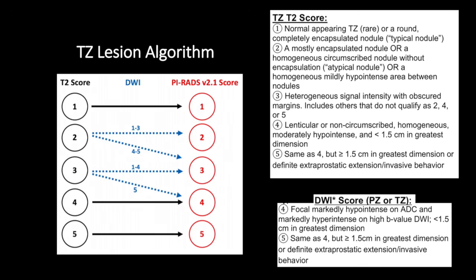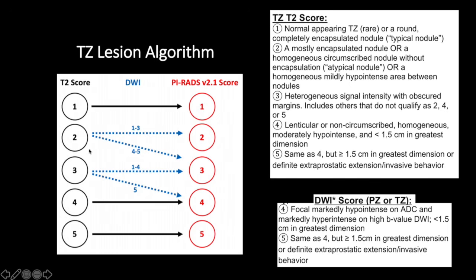And again, this is the TZ algorithm, and you can pause the video if you'd like to review all of these descriptors here and the algorithm here. But again, the T2 score is what is primarily determining the final PI-RADS score, or final PI-RADS assessment category here in red.